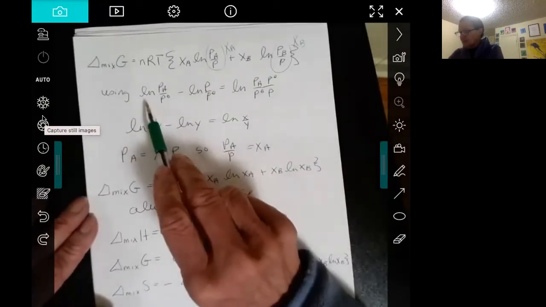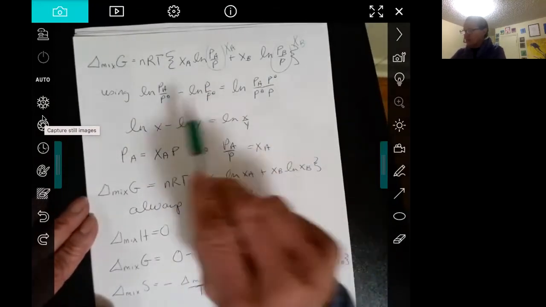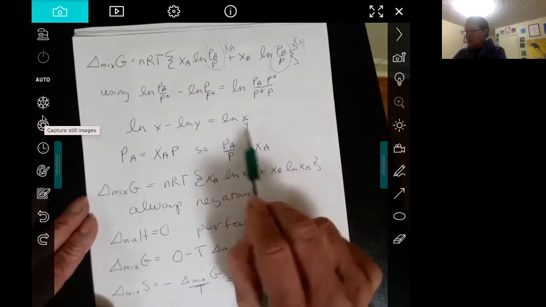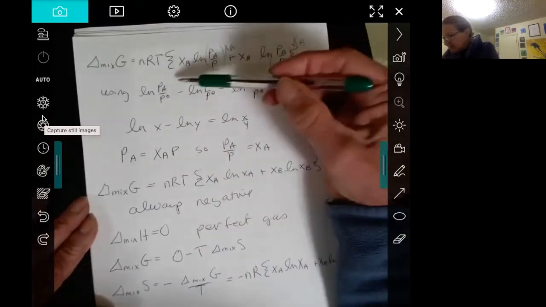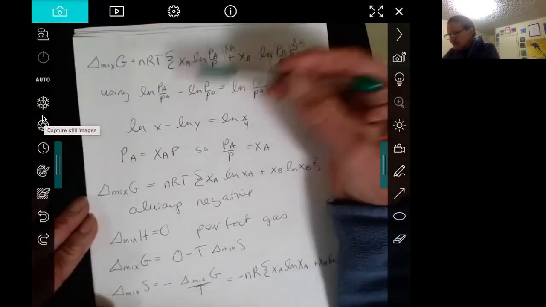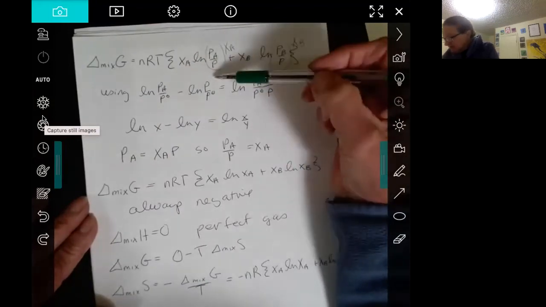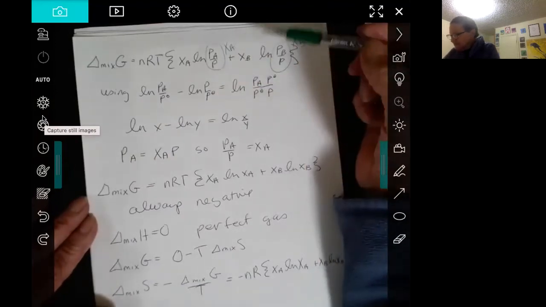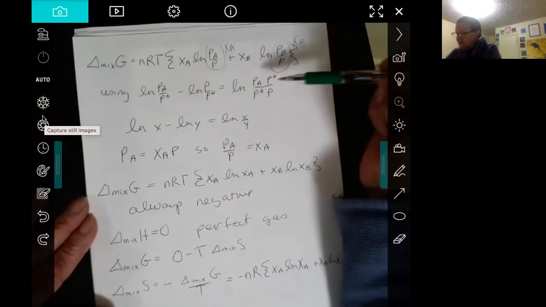And then it's also true that the difference in logs we know is equal to the log of the ratio. And so when I take ln of PA over standard state minus ln of the standard state, I've already done that in this equation, then the standard state pressures cancel.